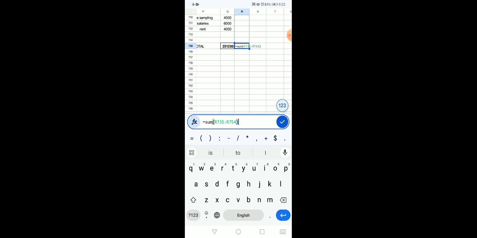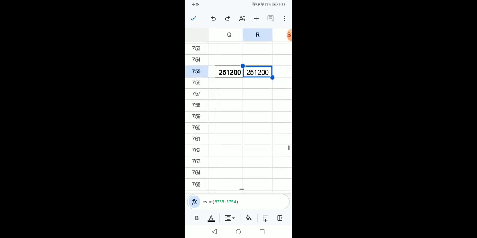Otherwise we will go back to the journal and the ledger, check for any mistake, rectify it and make it equal. Let's hope we are not required to do all of that. So here we have the total of the credit side as well: 251,200.